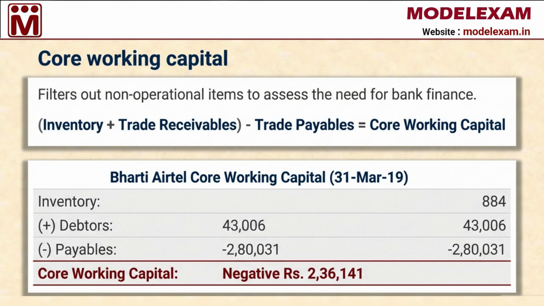We take inventory of rupees 884 million plus debtors of rupees 43,006 million and subtract payables of rupees 2,80,031 million. This gives us a core working capital of negative rupees 2,36,141 million. A negative number here suggests the company is funded largely by its suppliers.